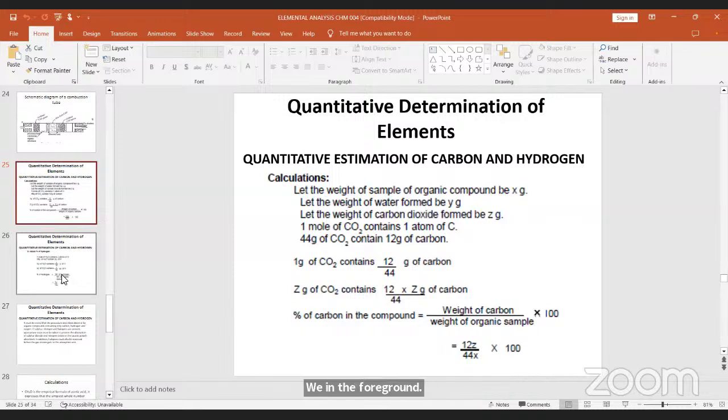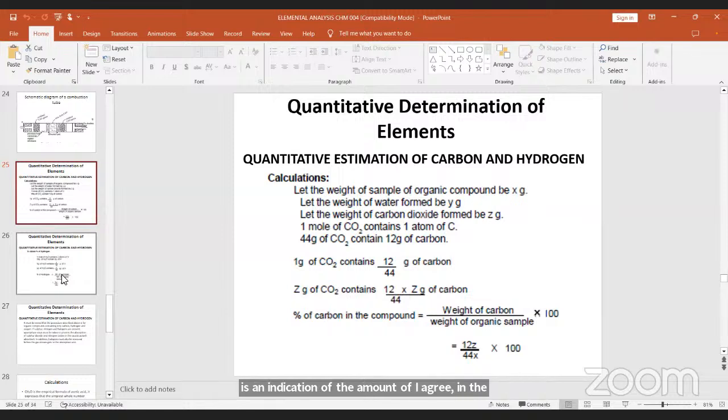But out of that 24, if you subject it to oxidation, it will give carbon dioxide of Z gram and water of Y gram. Now, you know that the carbon dioxide that you produce is an indication of the amount of carbon present in the compound, and the water that you produce is an indication of the amount of hydrogen present in the compound.